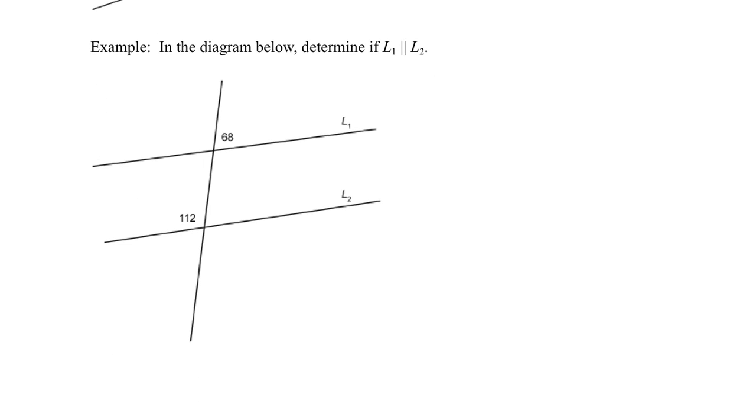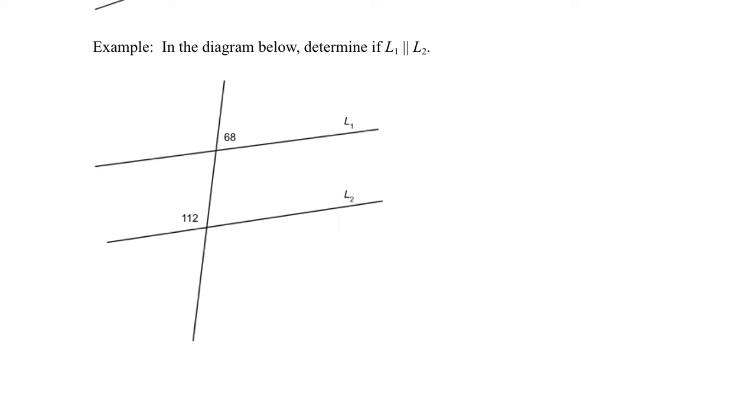So take a look at this example right here. I've got two lines that are being crossed by a transversal, and I want to determine if L1 is parallel to L2. Now I've got these two angle measures, but they're not corresponding, they're not alternate interior, they're not alternate exterior. So what can I do?